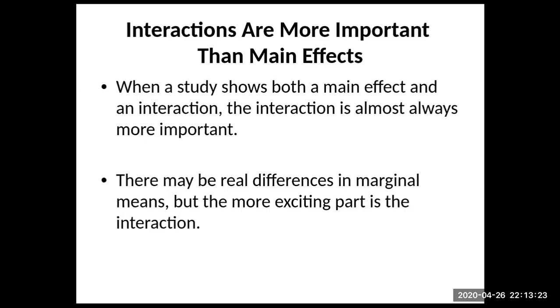But the interaction is almost always going to be more important because you may see real differences in the marginal means, but when you run a factorial design, because of course you could just run 2 separate studies with 2 IVs, the most important thing and why we run a factorial design is because we want to see if one IV interacts with the second IV. So there may be real differences in the marginal means, but the most exciting part is if the variables actually interact with each other.